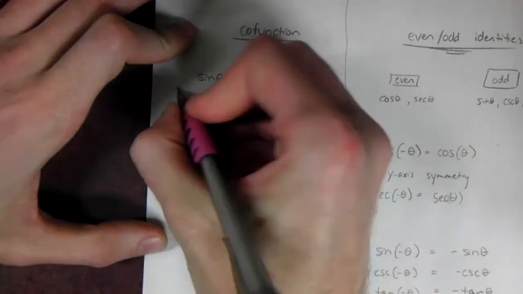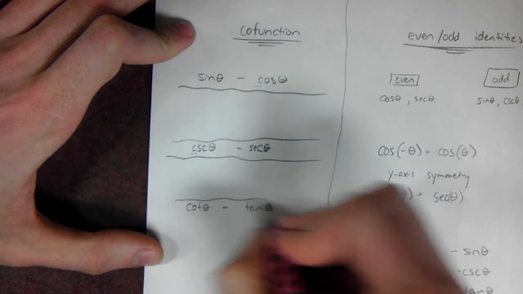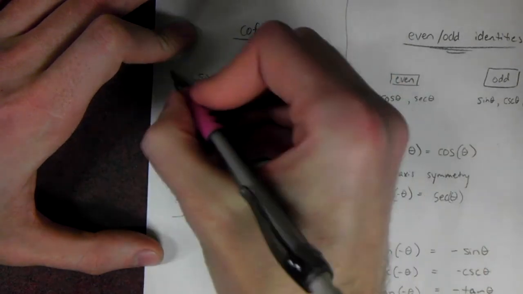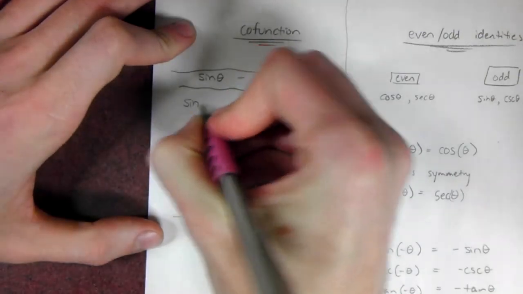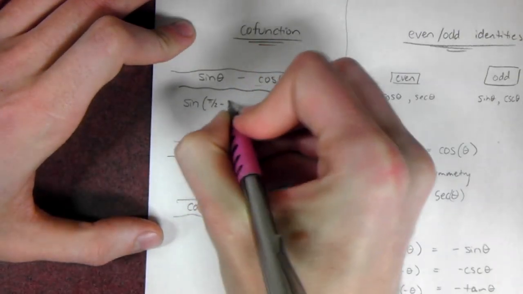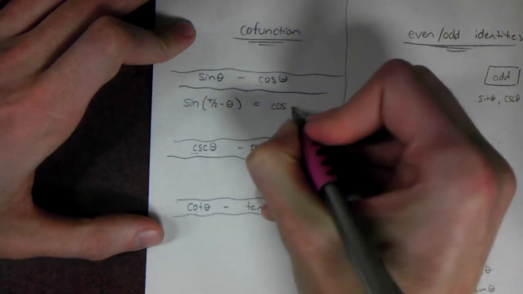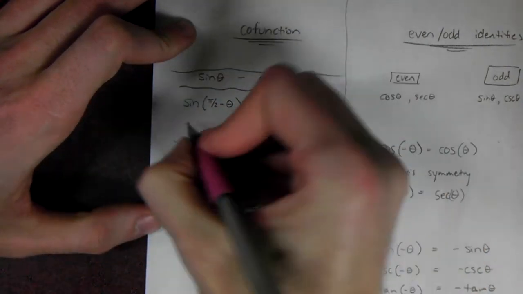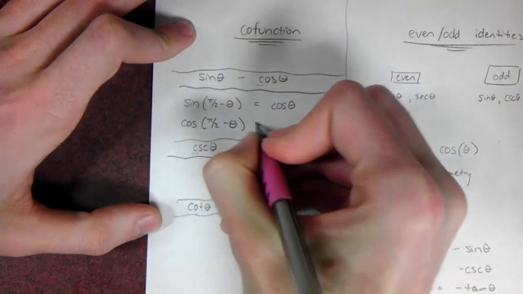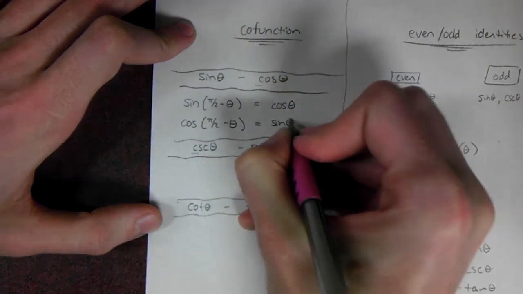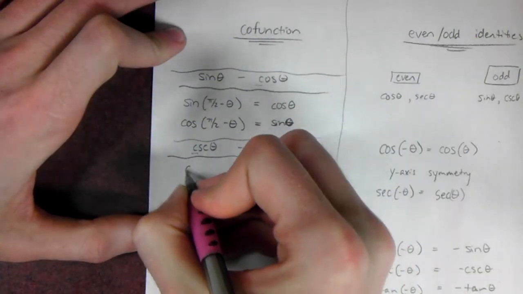So the actual identity there is that if you take an angle and you subtract it from pi over 2, for example, the sine of pi over 2 minus theta, well, that's going to give you the cofunction, cosine. Likewise, cosine of pi over 2 minus theta is going to equal sine. Same idea for cosecant down here.